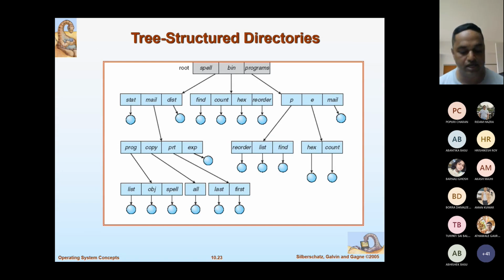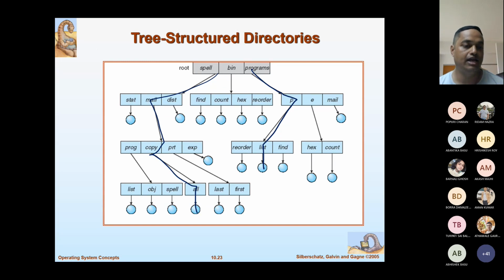For a tree structure directory, you can create any number of levels. The advantage is that you can traverse easily, in any layer, any level.